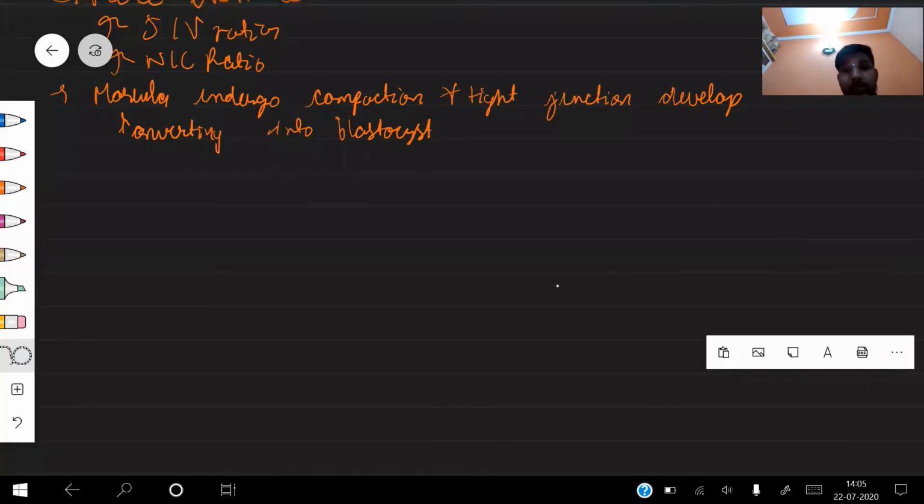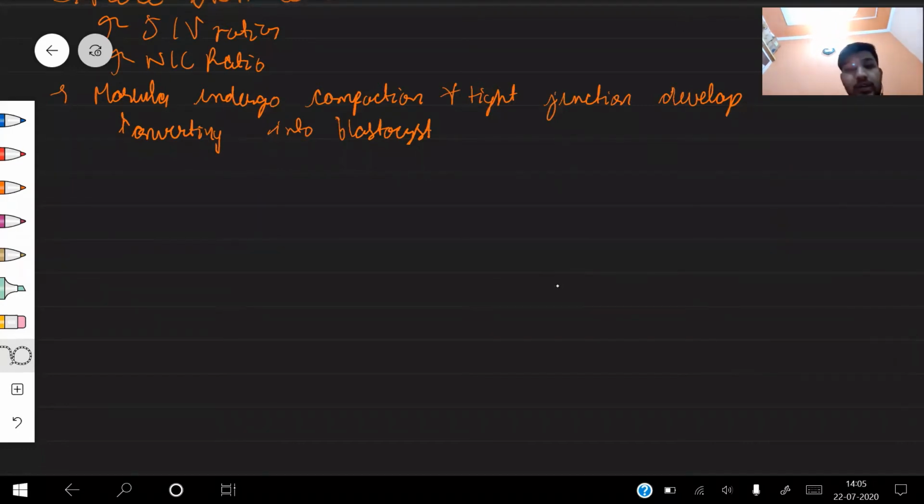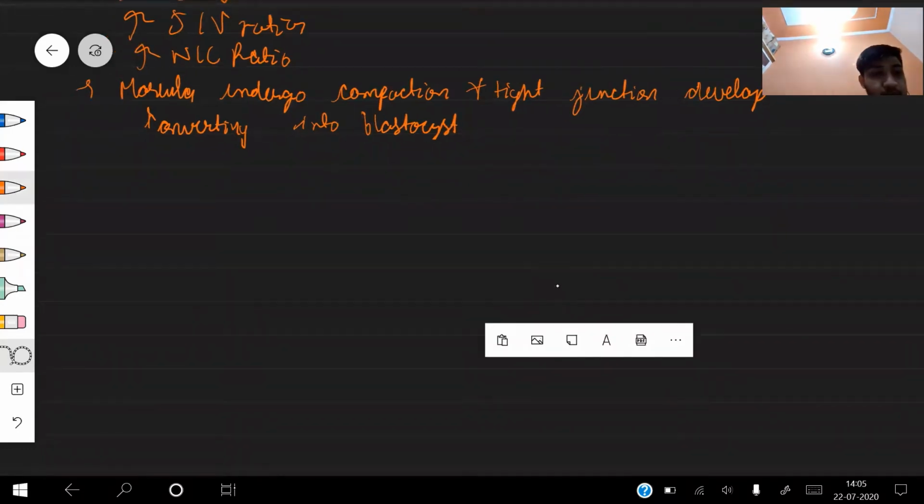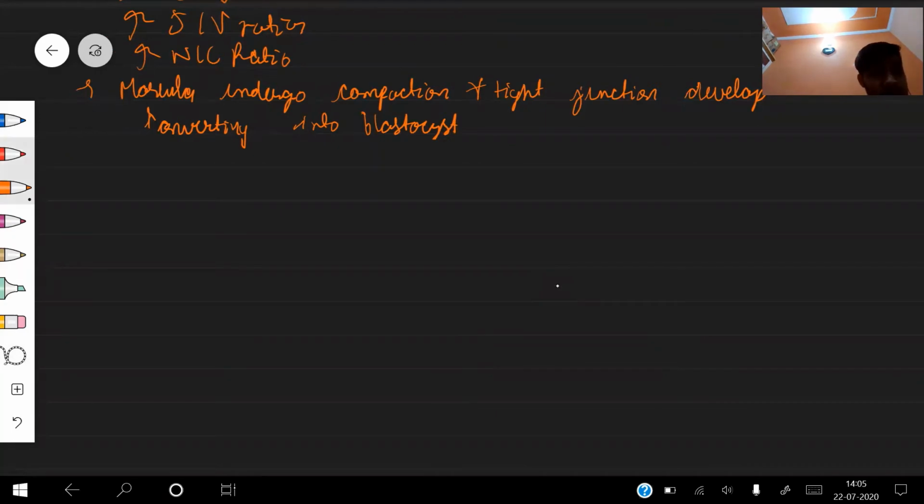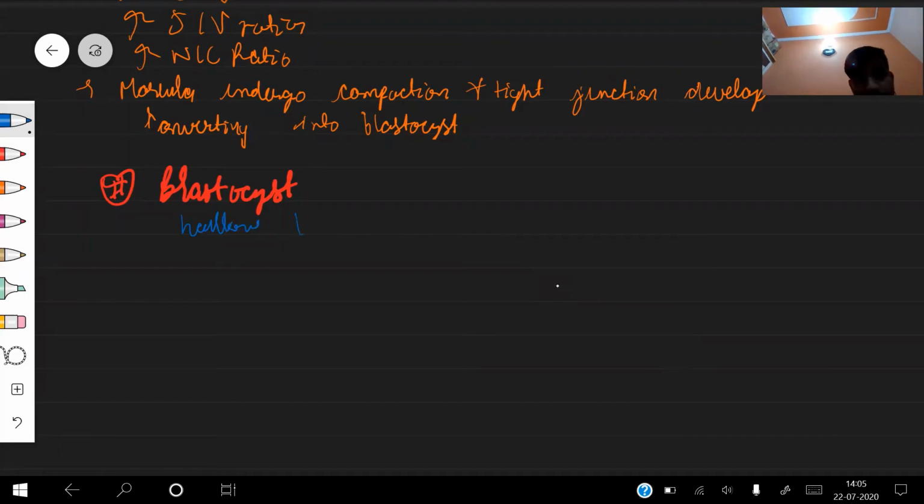After the compaction, the 16-cell morula is converted into the blastocyst. Blastocyst is a hollow ball of blastomeres.